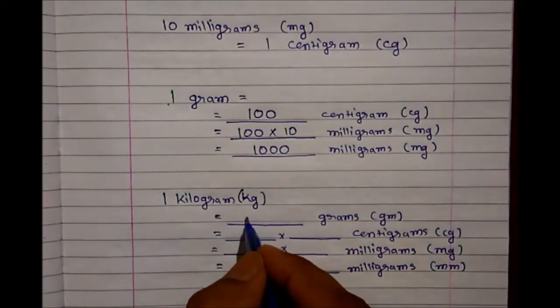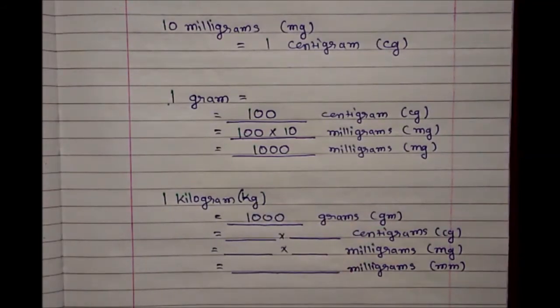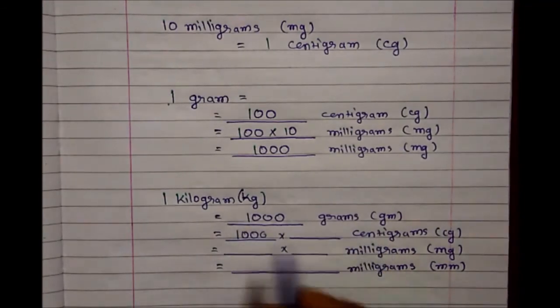1 kilogram, we know, is 1000 grams. Let's convert grams into centigrams.